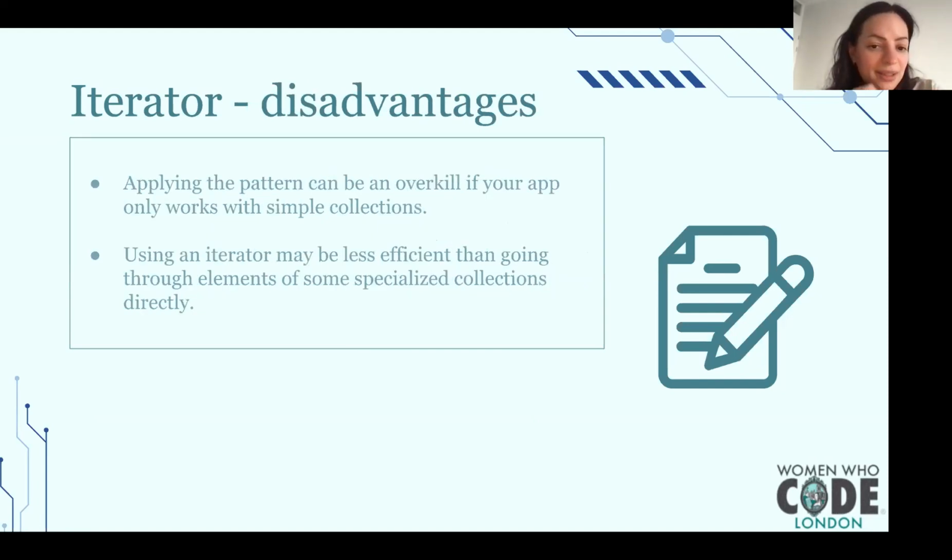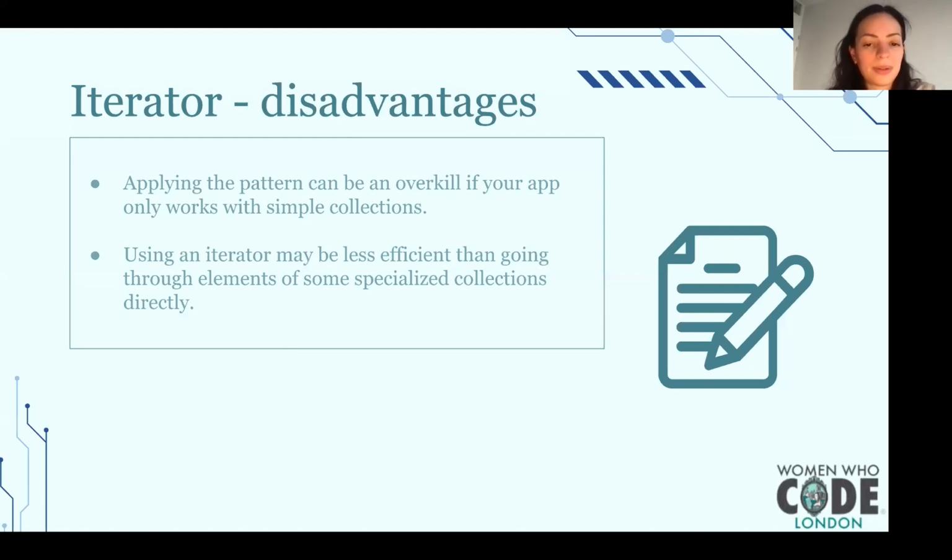And disadvantages. Applying this pattern can be overkill for your app because, yeah, if you have just a simple collection, maybe you need just the iterator that is already implemented. And also collections by default have some optimizations.